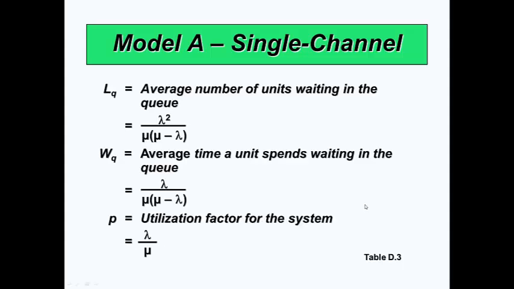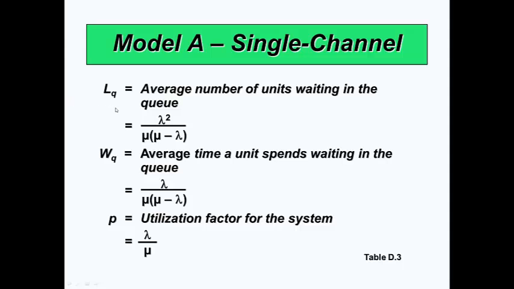Then if you look at L sub q and W sub q, it is the average number of units waiting in the queue, average time a unit spends waiting in the queue. So again, I emphasize L sub q and L sub s in the previous slide.